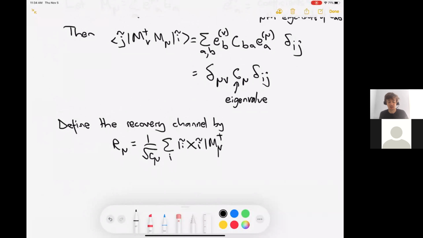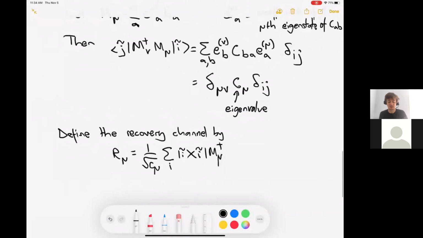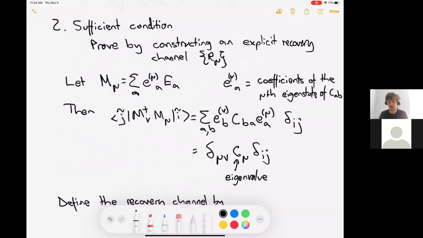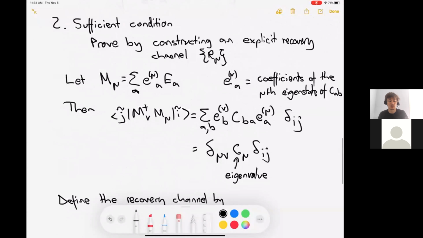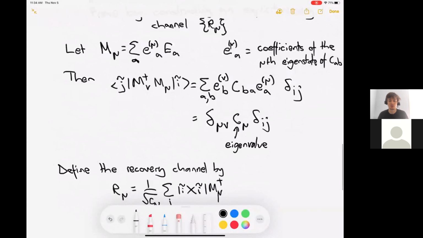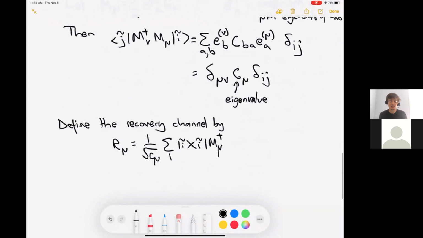It's reasonably easy to see that if it was a non-degenerate code and this matrix CBA was already just delta mu nu, then these operators M mu would just be the EAs. We wouldn't need to change the basis, and you can check that this recovery channel would then just be like measuring the error, measuring that the error is A and then applying EA dagger.